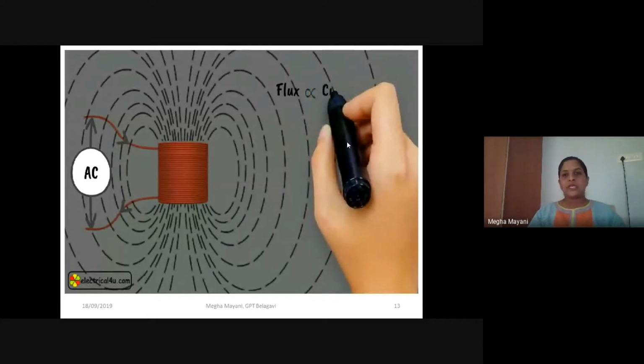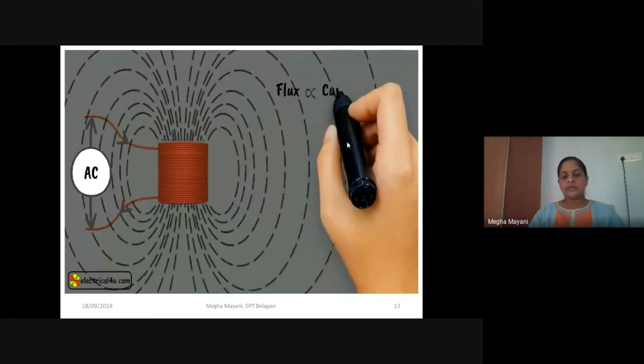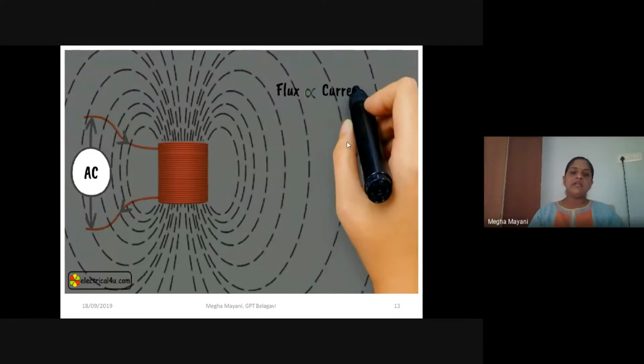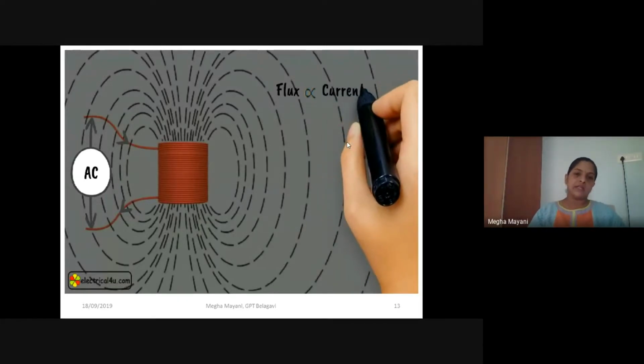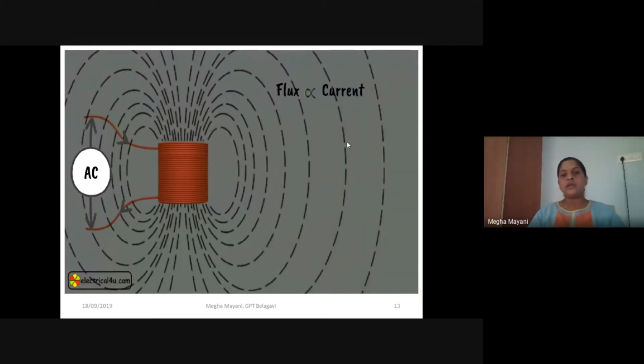When the voltage connected is of alternating type, that is varying, then even the flux surrounding, that is inside or outside the coil or the winding, also changes or varies. This changing flux will produce a current flow through the coil, and the current is proportional to the flux.